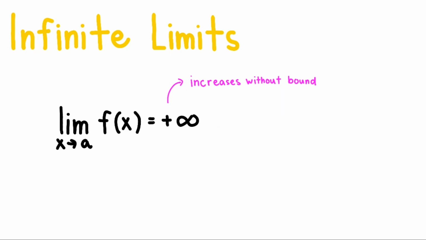Or this happens when we have c over 0, when we see that the limit approaches c over 0 upon plugging in a. But take note that c out here must be positive. So whenever we see this, we can conclude that the limit approaches positive infinity.